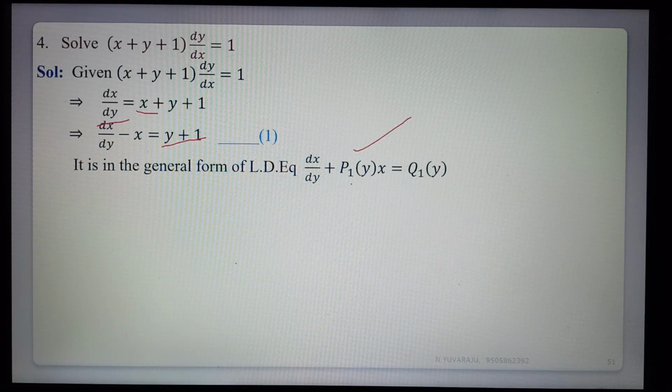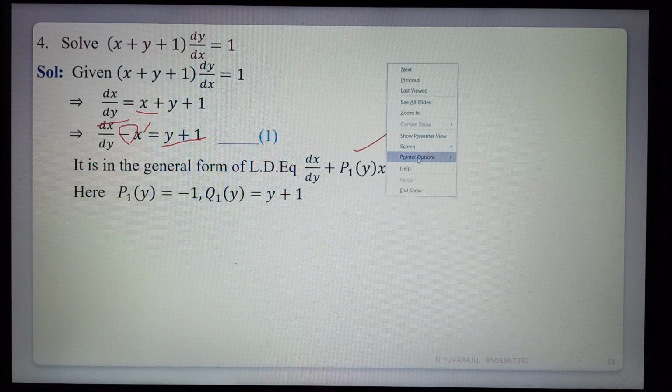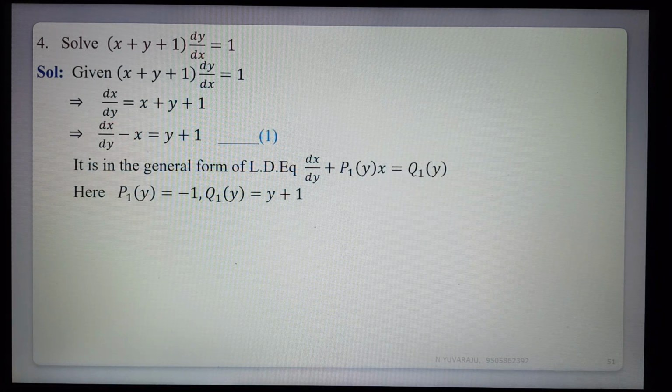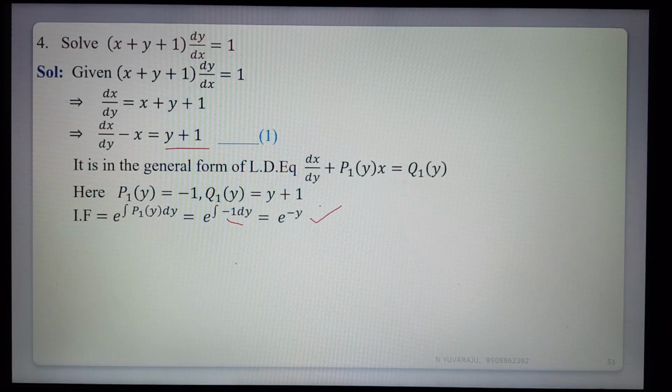Where p1 is equal to minus 1, and q1 of y is equal to y plus 1. Now finding the integrating factor, e power integration of p1 dy, is e power integration of minus 1 dy, that is e power minus y.